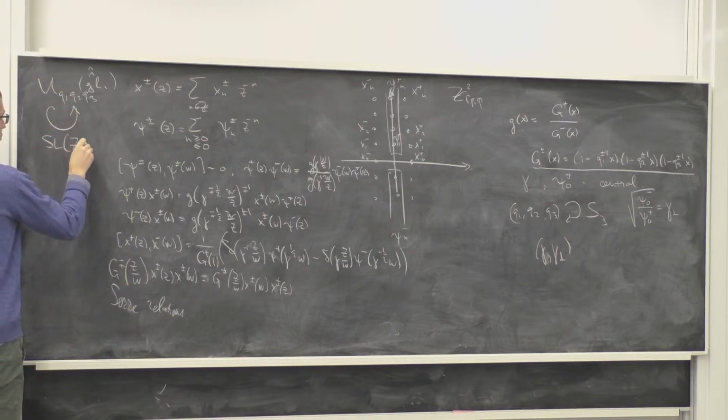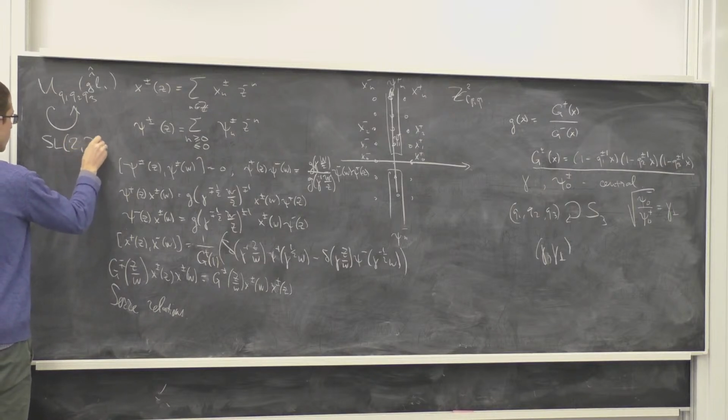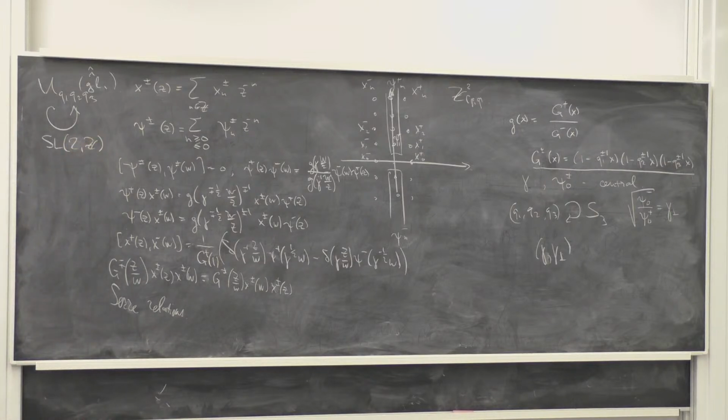So we met already Q1, Q2, and Q3 on the left-hand side, yes. And where are gamma and gamma orthogonal? Right.